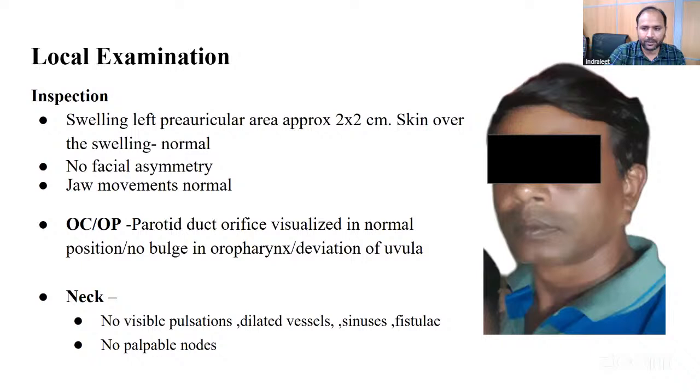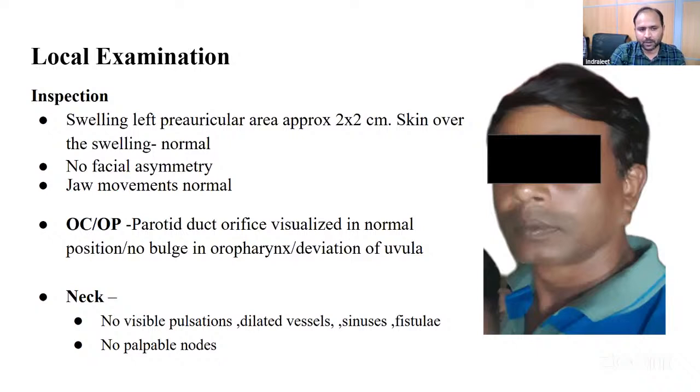In fact, it was preauricular in location, but inferior to the pinna. Skin over the swelling was normal. There was no facial asymmetry. Jaw movements were normal. On examination of the oral cavity and oropharynx, the parotid duct orifice was visualized in a normal position. There was no pus or blood discharge from there, and there was no bulge in the oropharynx in the tonsillar region, or no deviation of the uvula.